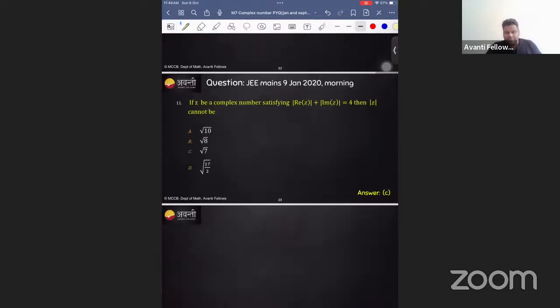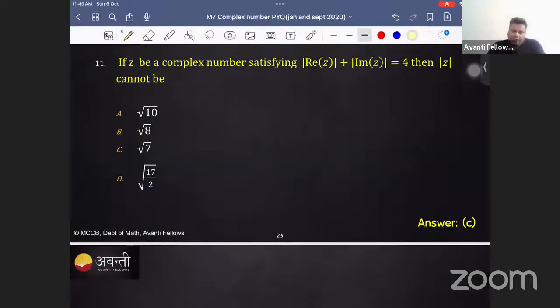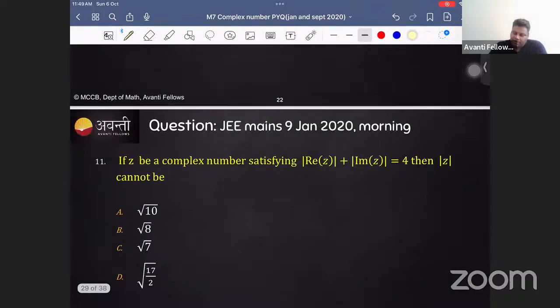See, if z is a complex number satisfying real part of z plus imaginary part of z is 4, then magnitude of z cannot be. All right, give it a try. I will leave it for you for the time being. Couple of minutes you get to solve it.